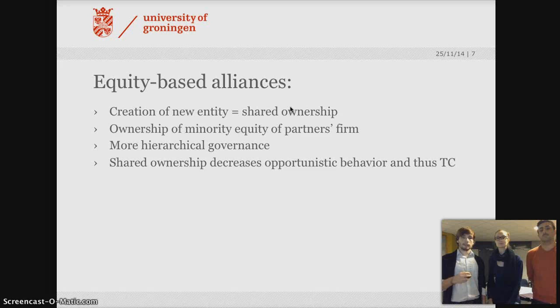The main idea is that this type of governance is more hierarchical, because in order to control more, you need to create a hierarchy. Also, shared ownership decreases opportunistic behavior, and in conclusion, transaction cost is lowered.